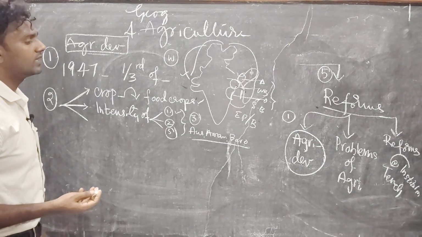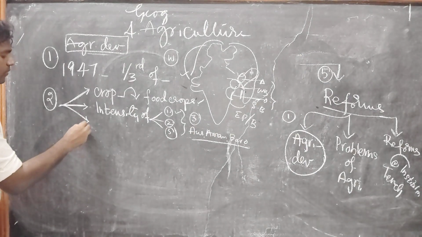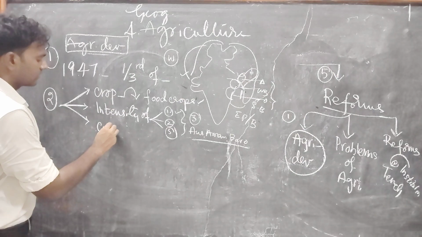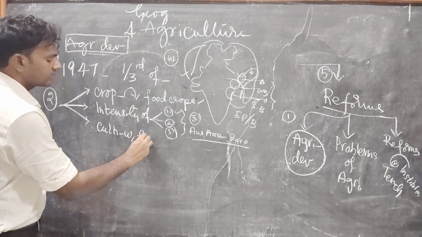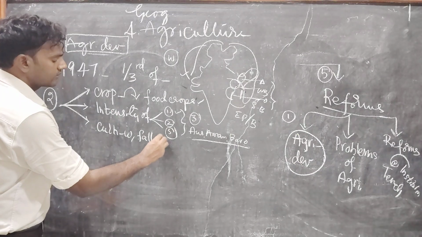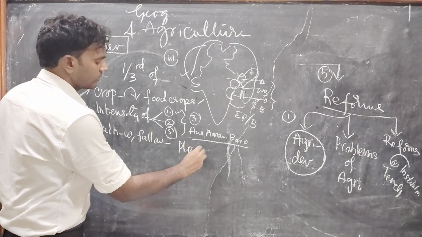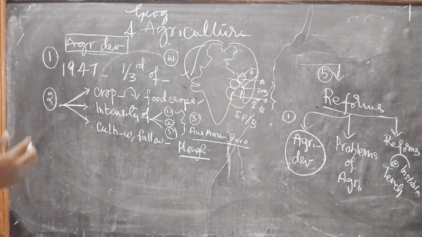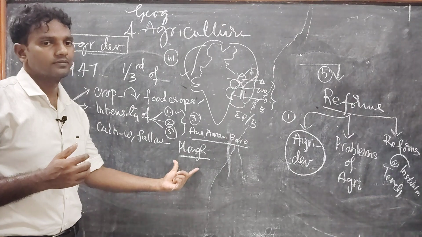So to improve the yield, to improve the food crops, we also brought cultivable wasteland and also fallow lands under cultivation. So it means we increased the cropping land also.